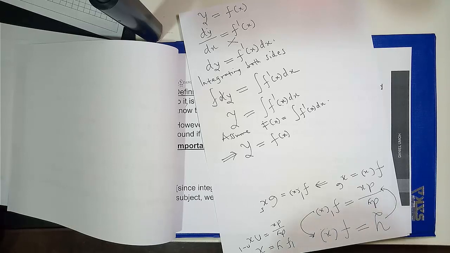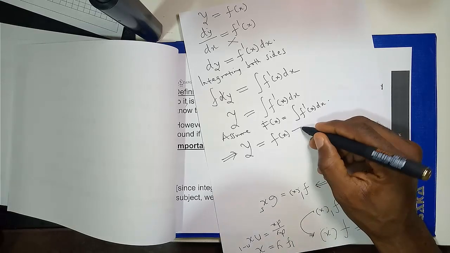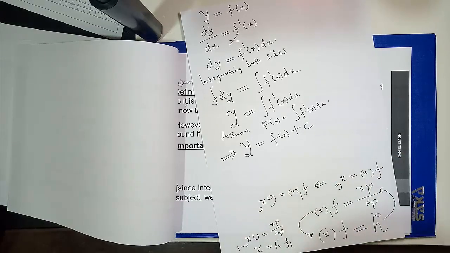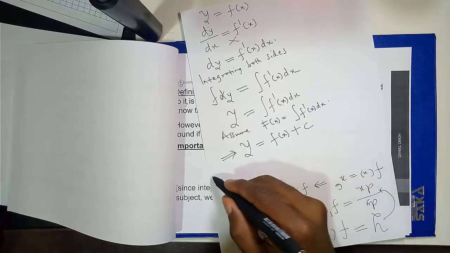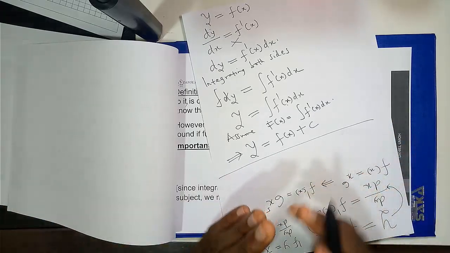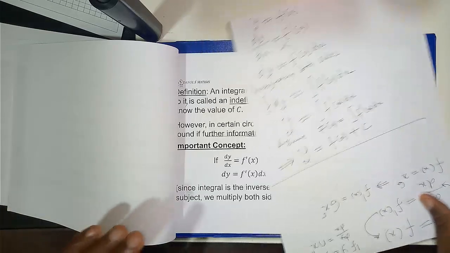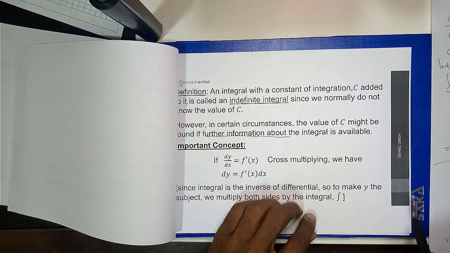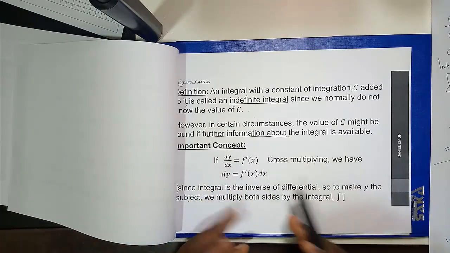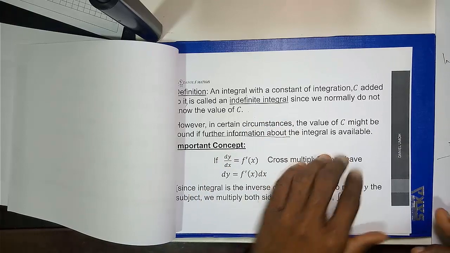And I told you, for every integration, always add a constant of integration, which is plus C. Please, this is just an introductory lecture. We are trying to establish the fundamental concept of integrals. So what I've explained so far is what is here in this lecture's introductory notes.